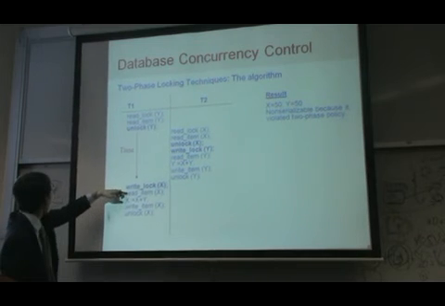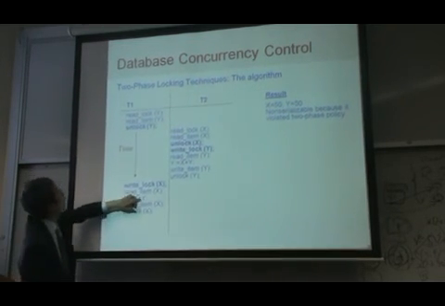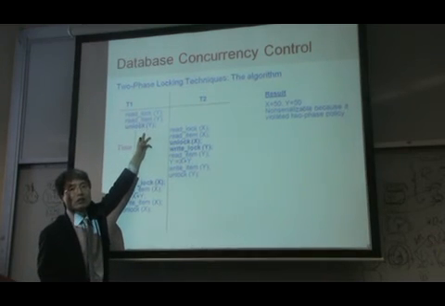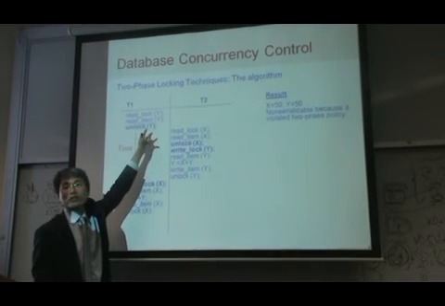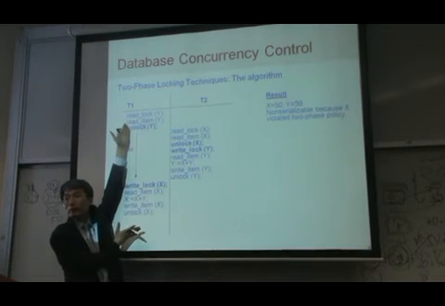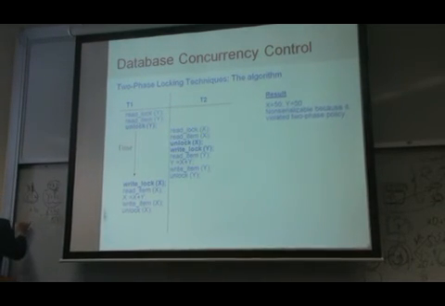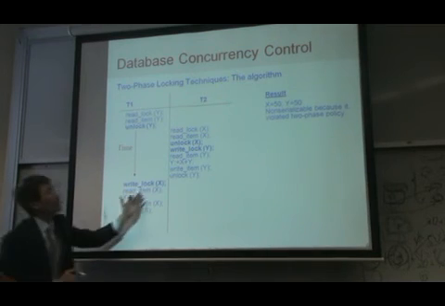Then read the data item X, 20, then add it to Y. Y is actually, in this transaction, 30, right? Because it's in the same transaction, it will not be changing. So we add 30, so X will be 50. That's what we expected.